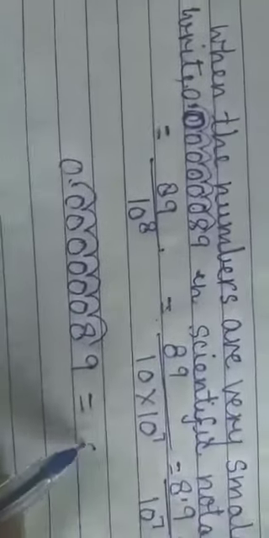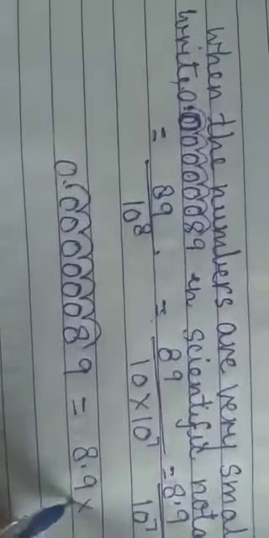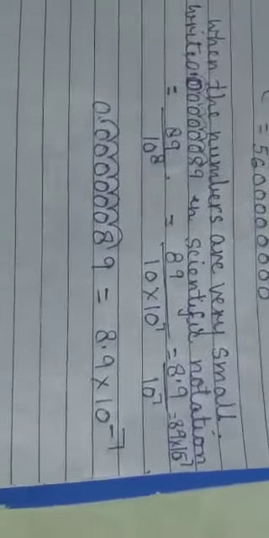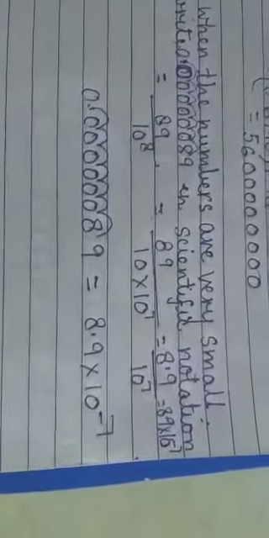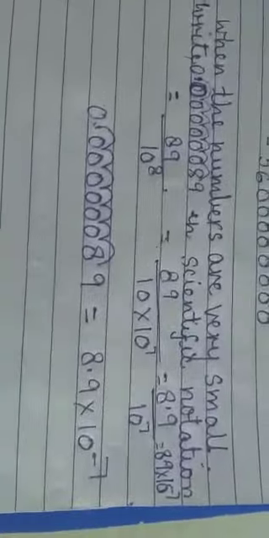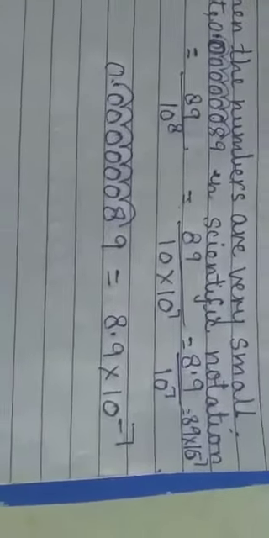So when I'm shifting the decimal to the right-hand side, it will become 8.9 times 10 raised to the power minus 7. This is the alternate method of doing it. I think both are very clear to you.